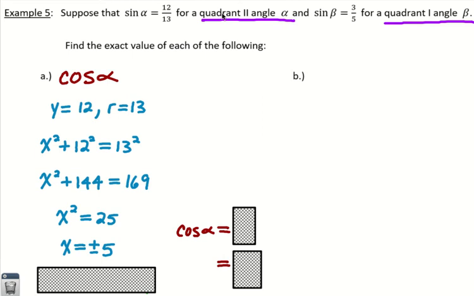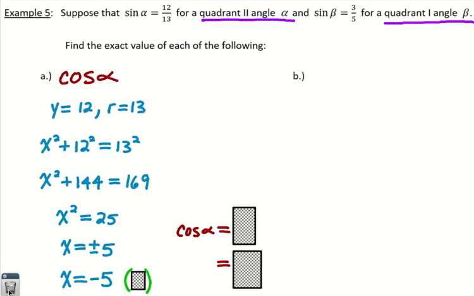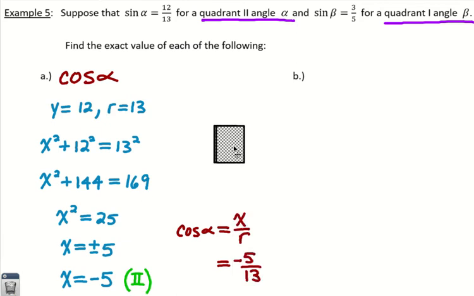That's where this comes into play. If we're in quadrant 2, x is negative 5. Okay? Because of quadrant 2. So x is negative, and so now that we know that x is negative 5, cosine is negative 5/13. Okay? So now that's the cosine of alpha.